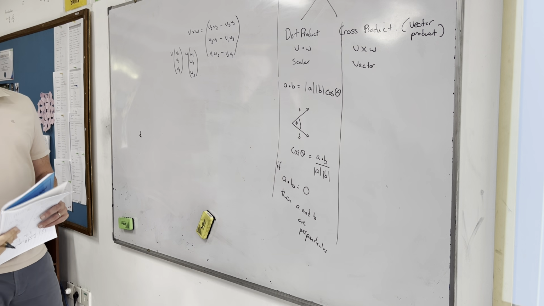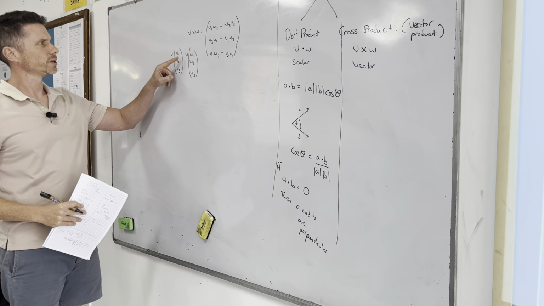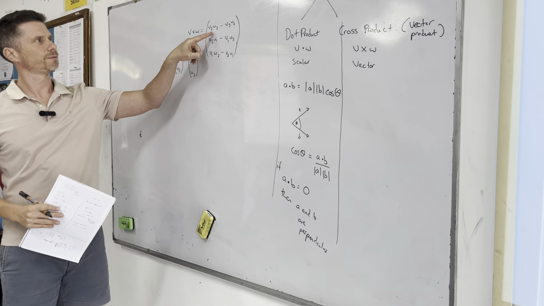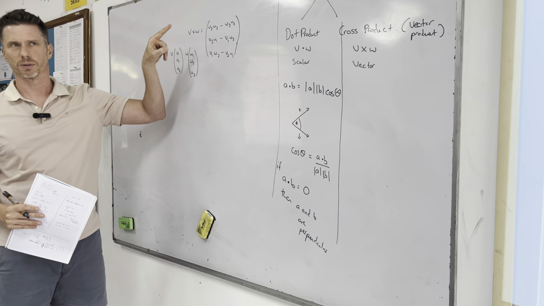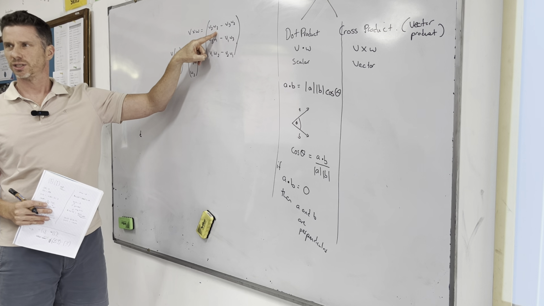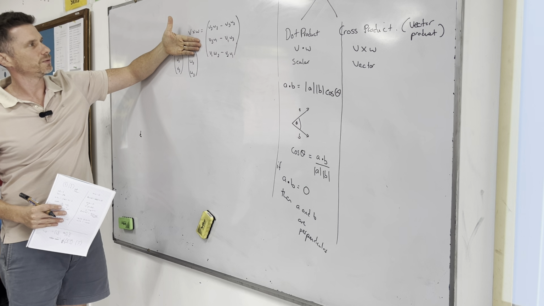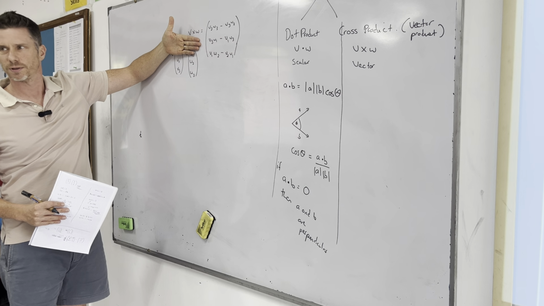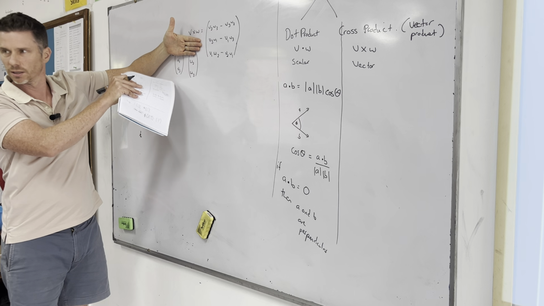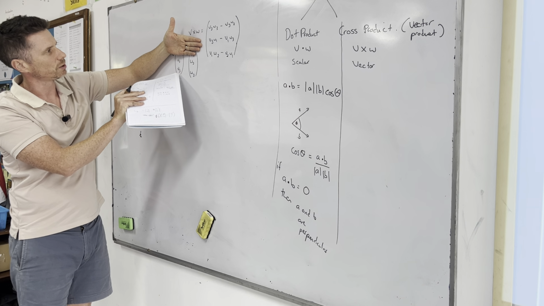As you look at this, maybe you see some kind of pattern. In the first line, when we were dealing with getting the first coordinate, the i coordinate of the vector, you don't actually deal with the first numbers. You almost cover them up and only deal with V2, W3 and V3, W2.